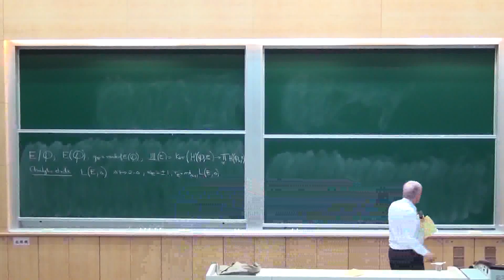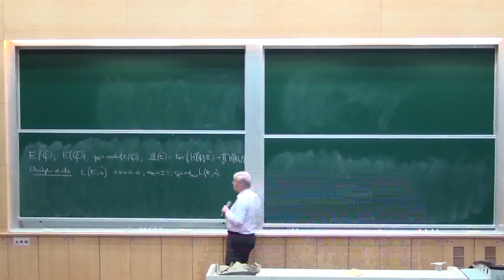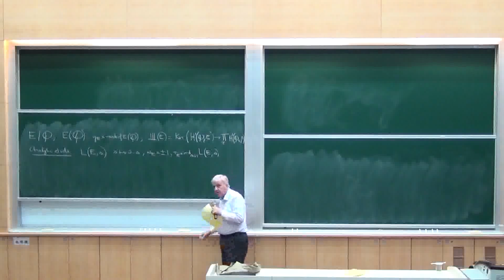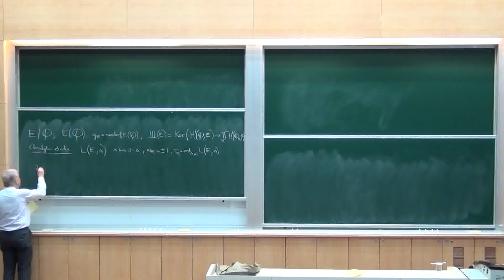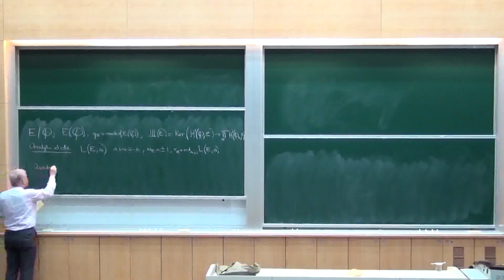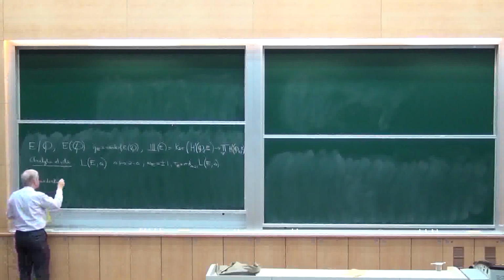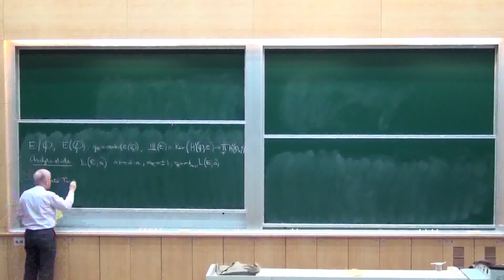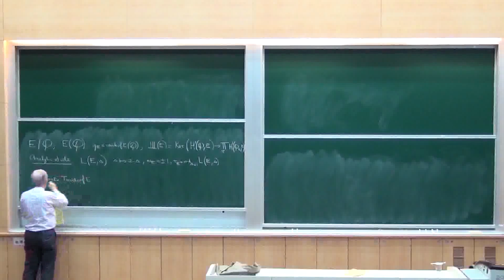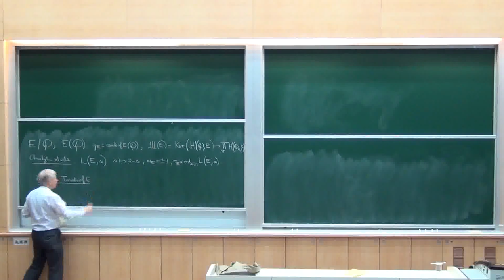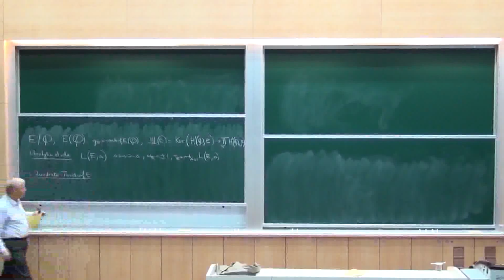Now actually what we're going to be interested in is the following infinite families of elliptic curves. We start off with one elliptic curve, and then I want to talk about the quadratic twists. This is one way of getting an infinite family of elliptic curves over Q from a given curve.